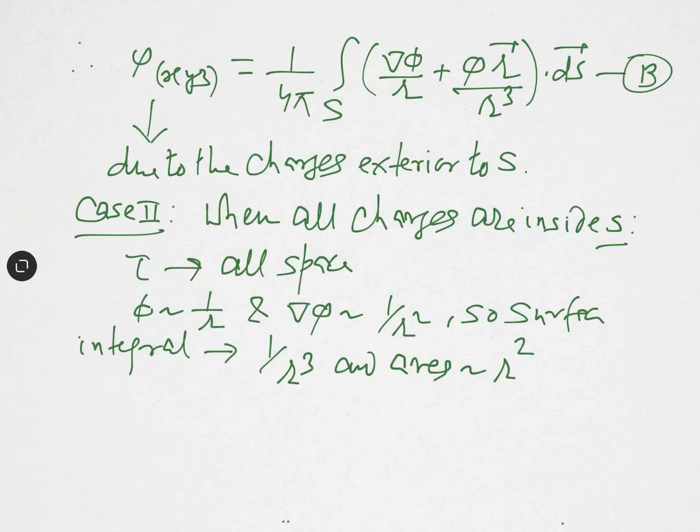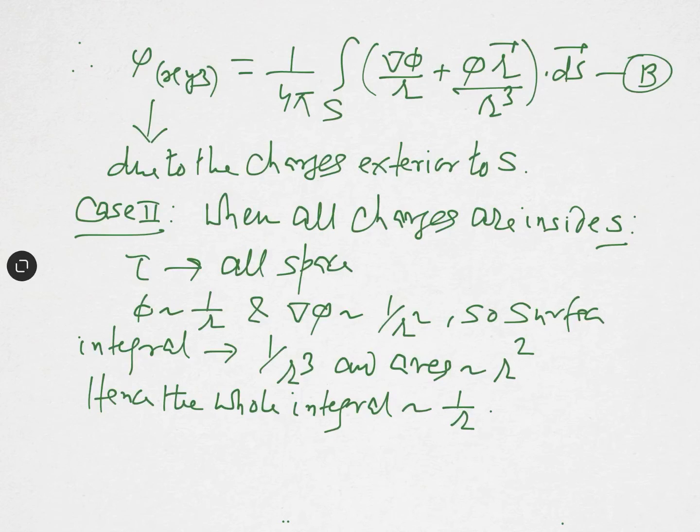So the whole of the integral, if we multiply these, will be proportional to 1 over r. Hence the whole integral will be of the order of 1 by r.